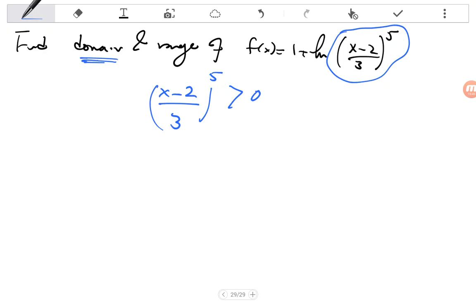We'll just make it greater than 0. Okay, for this case I would take any odd powers. I can take the root without consideration of the order or whatever, so it will just be x over 2 over 3 just greater than 0.